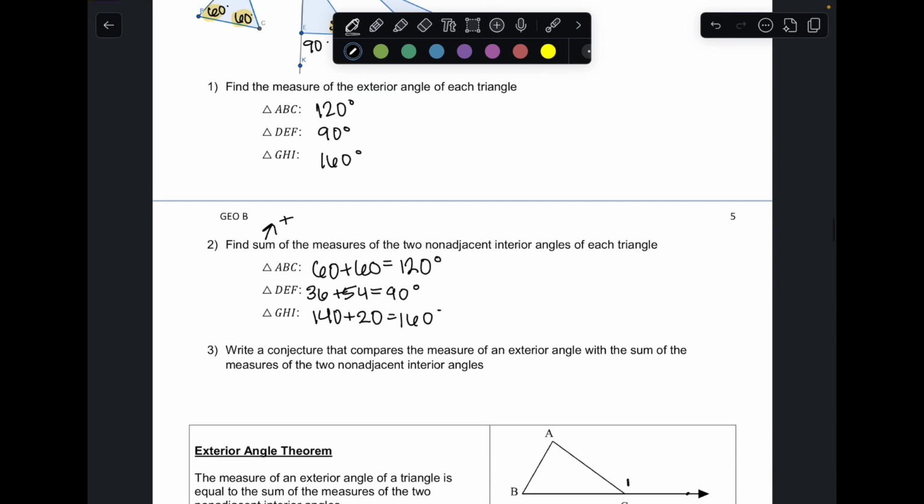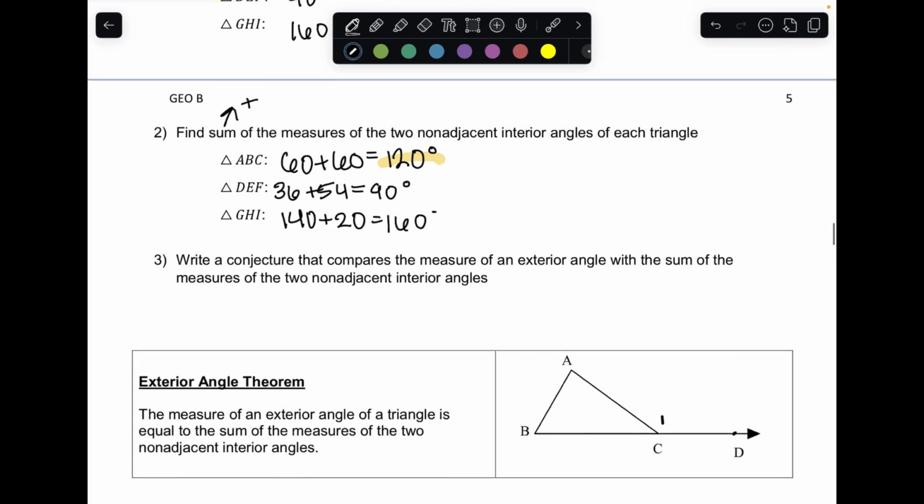Now I'm going to zoom out for a second. Let's see how our answers in number 1 and number 2 compare. Well, if we look, they're the same. Our exterior angle was equal to the sum of the measures of the two non-adjacent interior angles. So that's exactly what we're going to write for our conjecture.